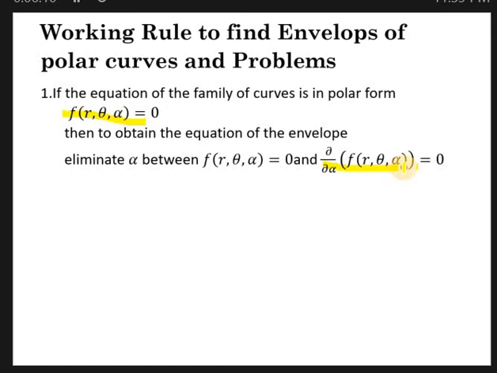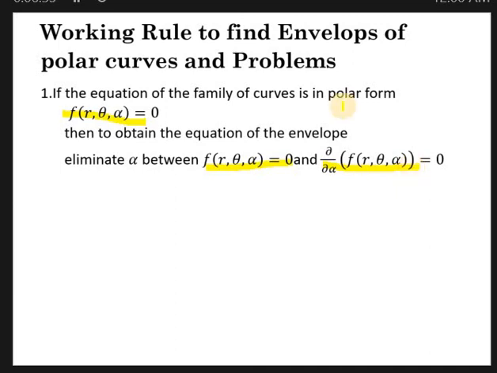This is the derivative of f of r, theta, alpha equal to 0 with respect to alpha. Then we have to eliminate alpha between f of r, theta, alpha is equal to 0 and ∂/∂alpha of f of r, theta, alpha is equal to 0.